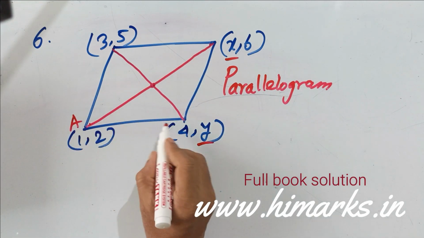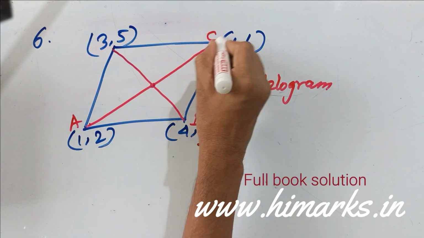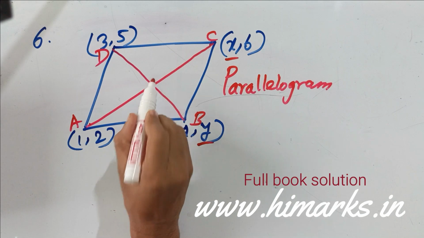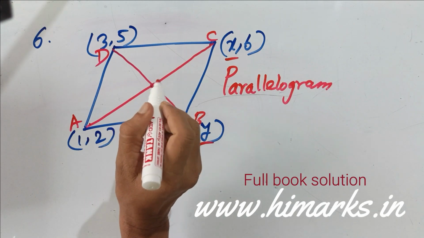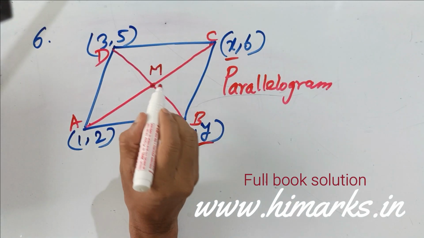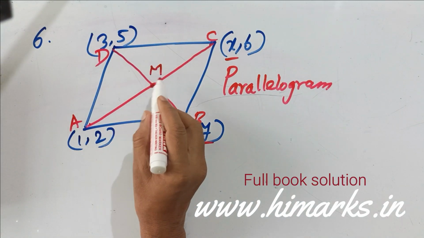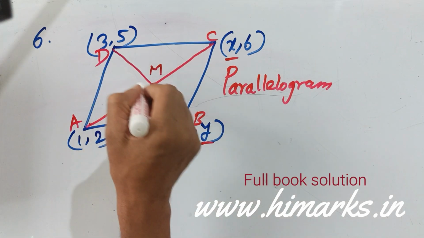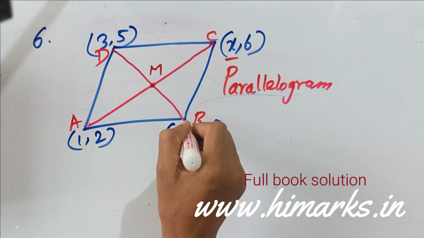So if these are points A, B, C and D, say this point is the midpoint M. This midpoint is the midpoint of AC and also the midpoint of BD.